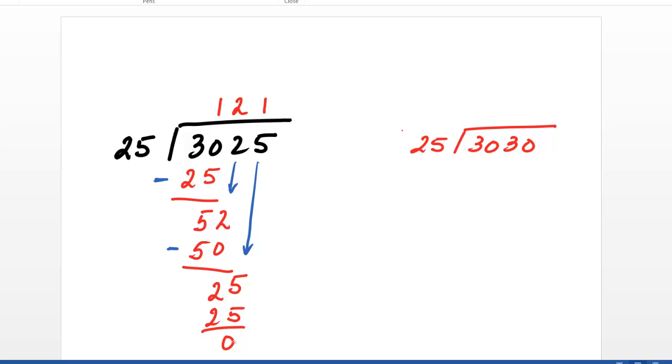Now, this is a very important part because you can see here the remainder is 0. So the 25 goes in evenly, or perfectly, into 3,025. So in essence, the 25 is a factor of the 3,025.